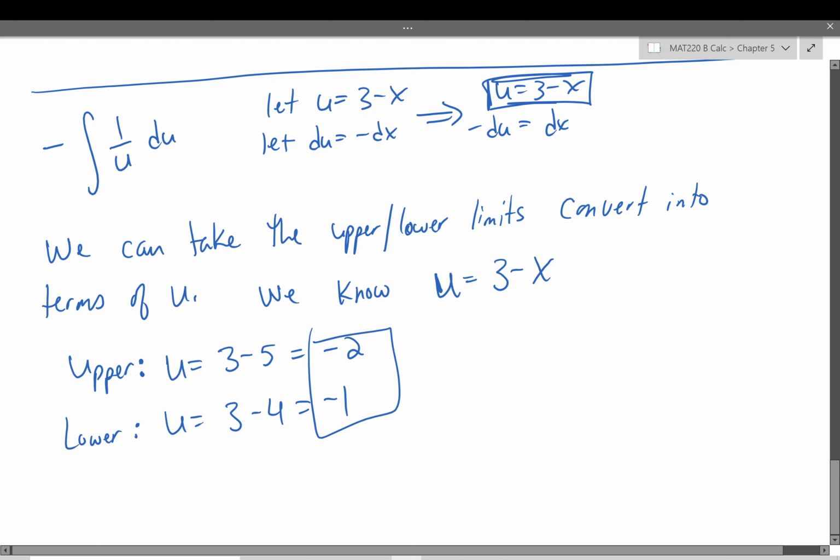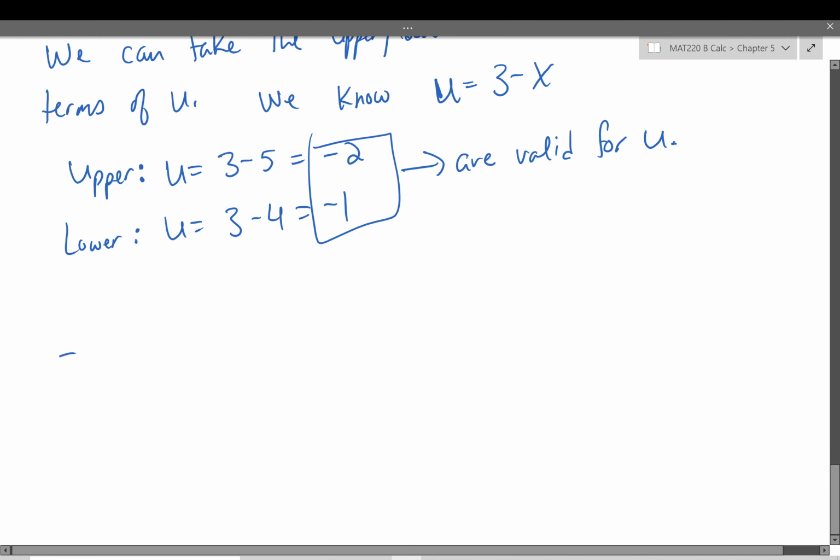So now these two constants are valid for u. So what I can do is rewrite my problem as negative integral from negative 1 to negative 2 of 1 over u du, which is going to equal negative ln of the absolute value of u from negative 1 to negative 2.